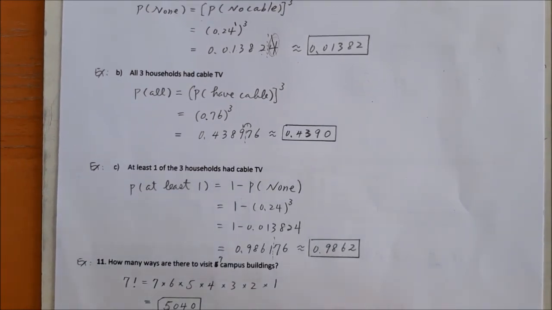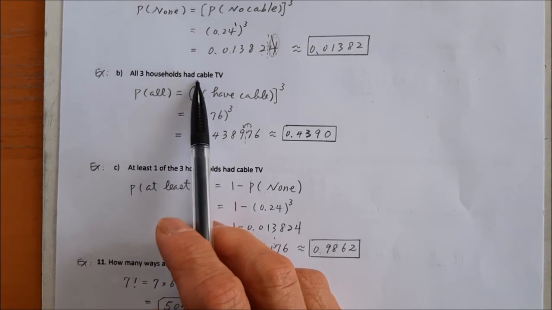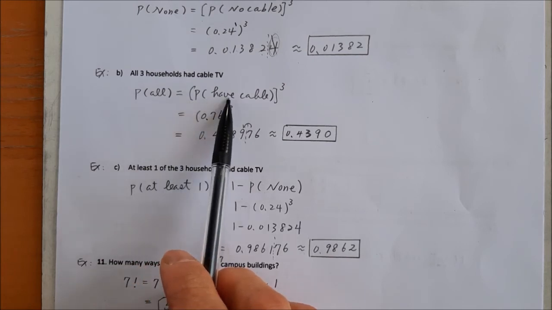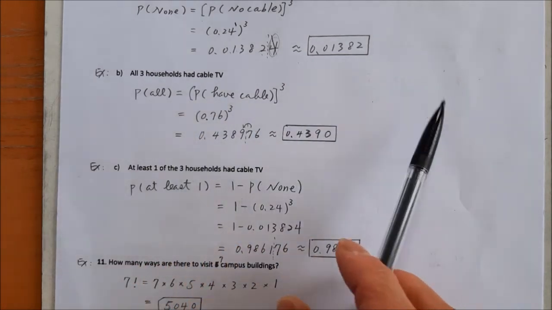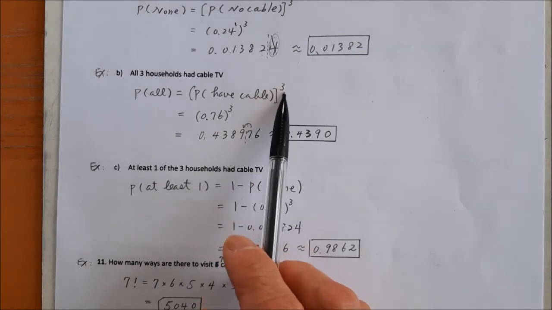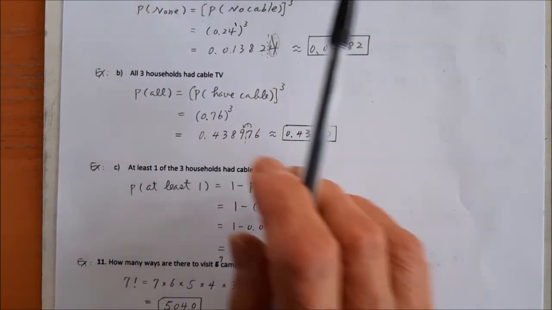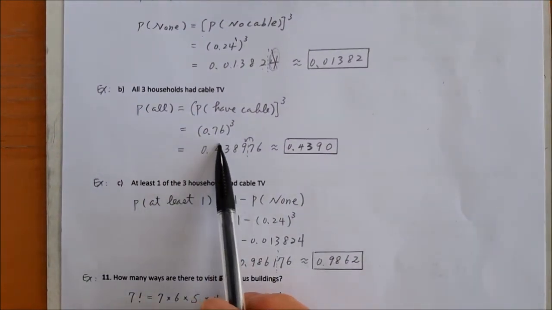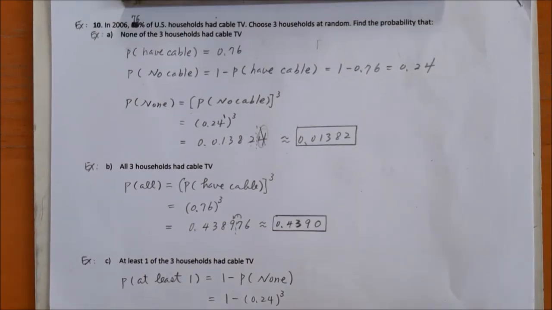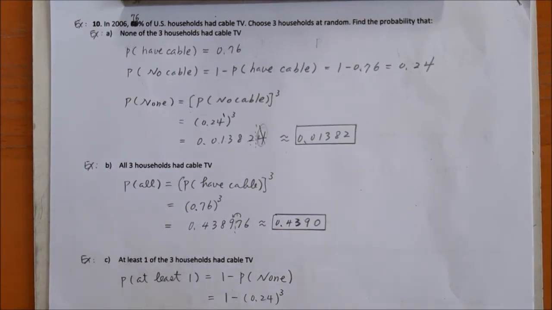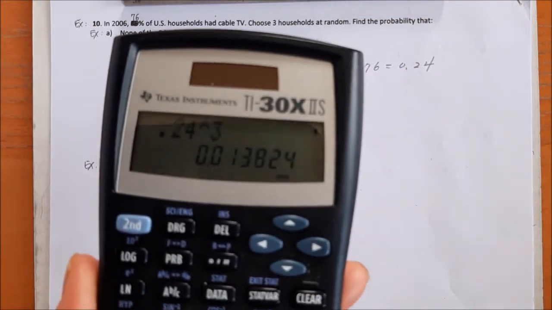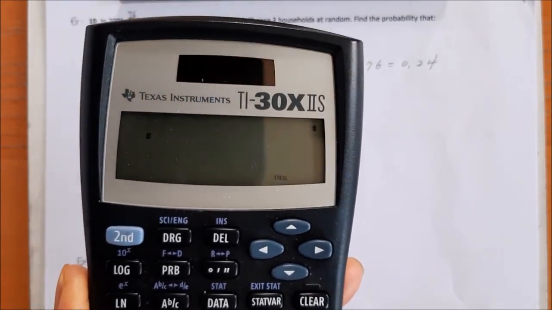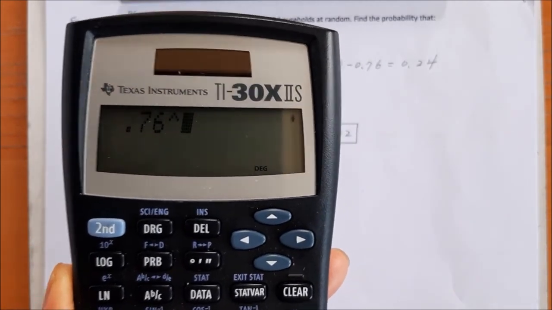B. All 3 households had cable TV. So the probability that all 3 households have cable TV is the probability of having cable TV, to the power 3. The probability of having cable TV is 0.76, so it's 0.76 to the power 3.